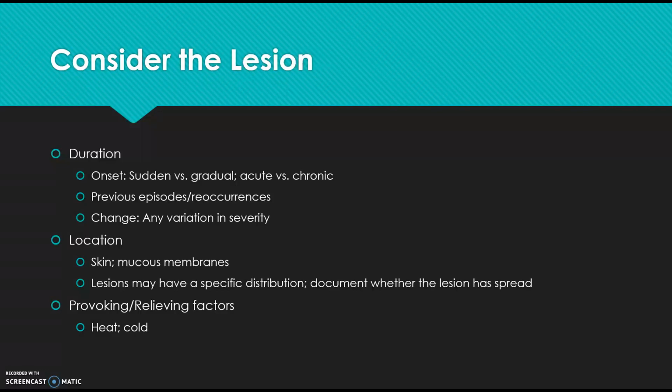And you also want to consider whether the lesions may have spread. And then also look at things that either increase or decrease the severity of the lesions or the prevalence of it. So heat and cold can aggravate or relieve symptoms, etc.